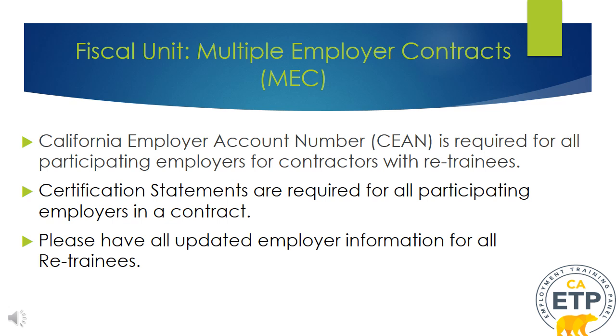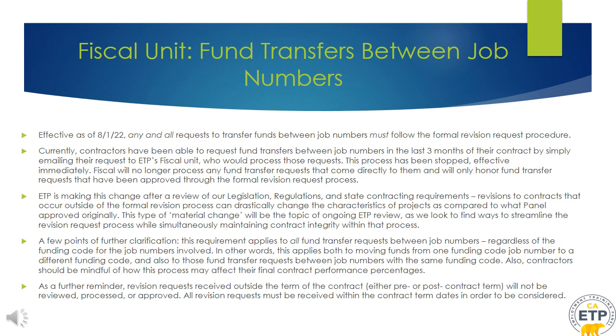We need to know which employers your trainees are working for and what their post-hourly, post-retention wage is, and all of that information is tied to a particular employer that you need a certification statement entered into our systems. This is also very important.